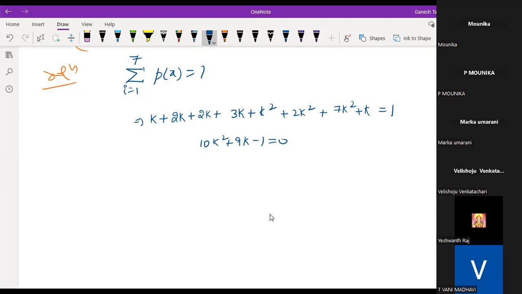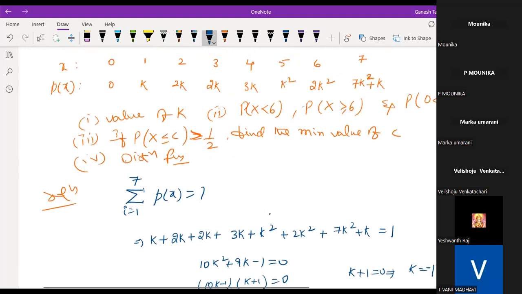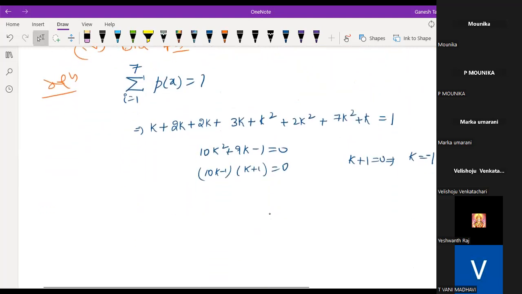So here the roots you can get: 10k minus 1 times k plus 1 is equal to 0. Because k plus 1 is equal to 0 means k is equal to minus 1, and probability values must be greater than or equal to 0, this case is not valid.